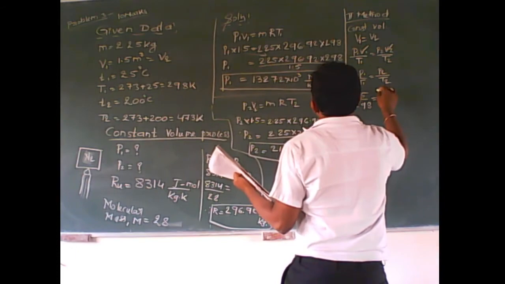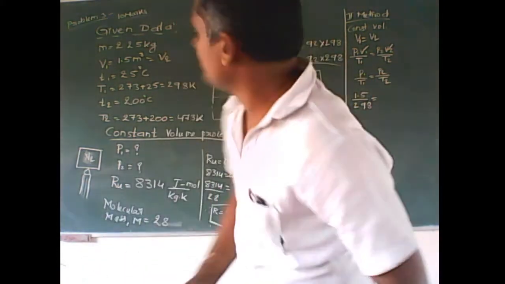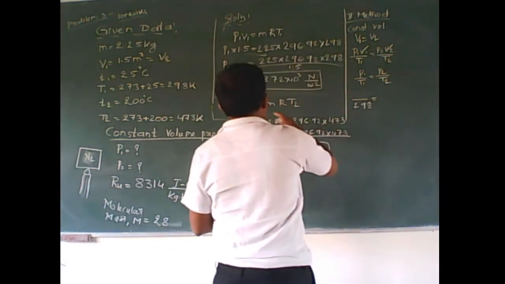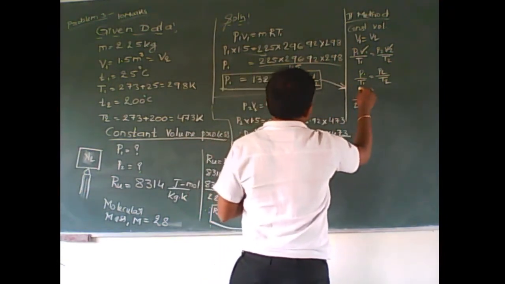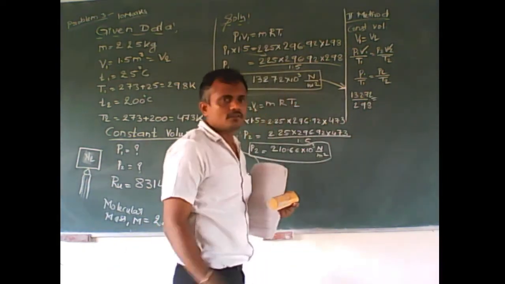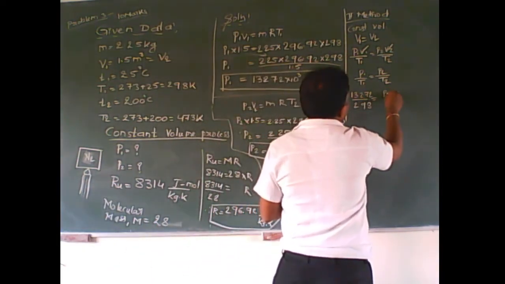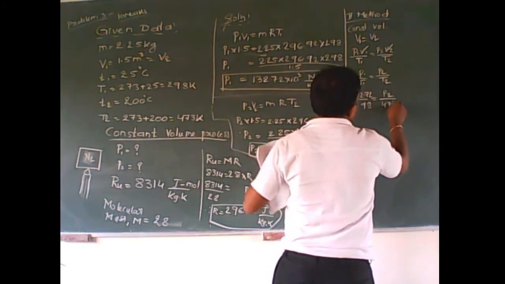Sorry, one minute. Pressure is here. So after this calculation you can go with this another method, that is pressure is already 132.72. Okay, and T1 is 298, P2 we have to calculate, divided by T2 is 473.